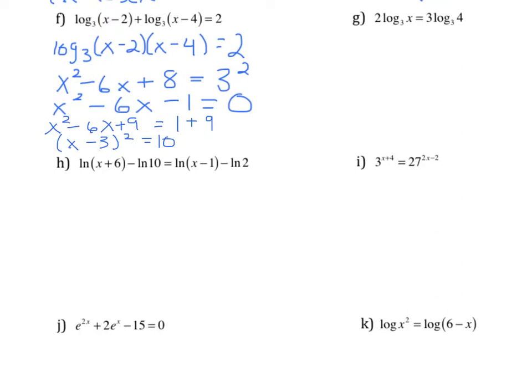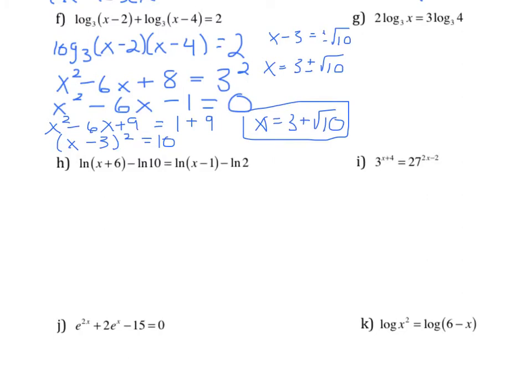So x minus 3 will equal plus or minus the square root of 10, and then I'm going to add 3 to the other side. So x will equal 3 plus or minus root 10. And I only want a number that is bigger than 4, or else if I plug it back in, I'll get extraneous solutions. So x equals 3 plus root 10 will be the only solution that works.